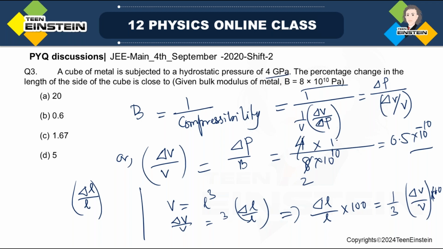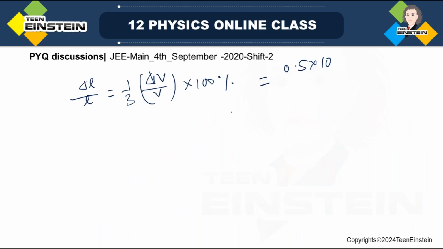Mega is 6, giga will be actually 9, 10 to the power 9. So let me write there itself. Delta V by V, this is 10 to the power minus 10 actually, and here 10 to the power 9 will be multiplied so that you get it in Pascal.